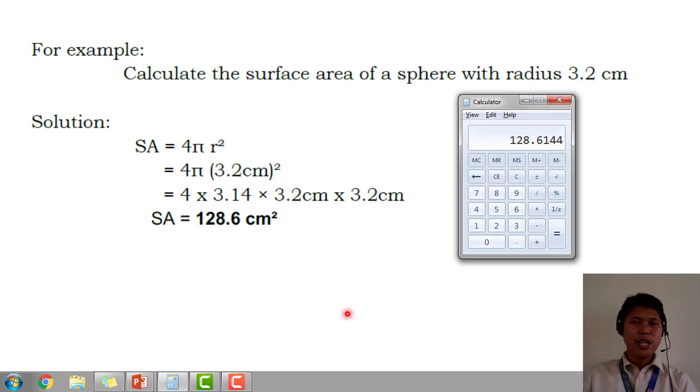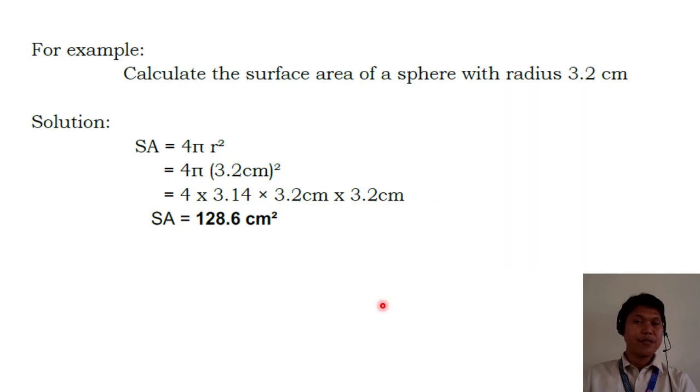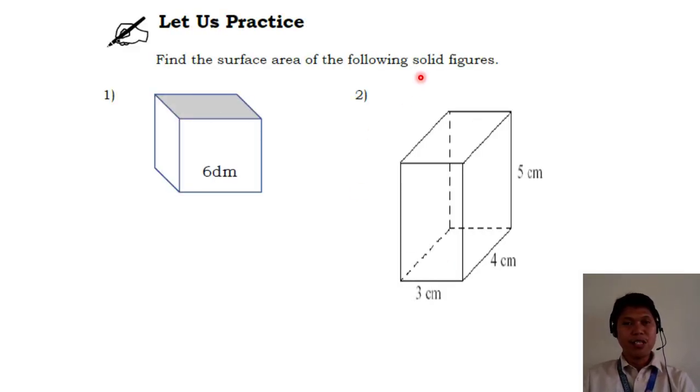Okay, so those are the formulas in finding the surface area of solid figures. So if you observe, the surface area is always the lateral area plus the area of the base. So SA, or surface area, is equal to LA plus B, or lateral area plus base.